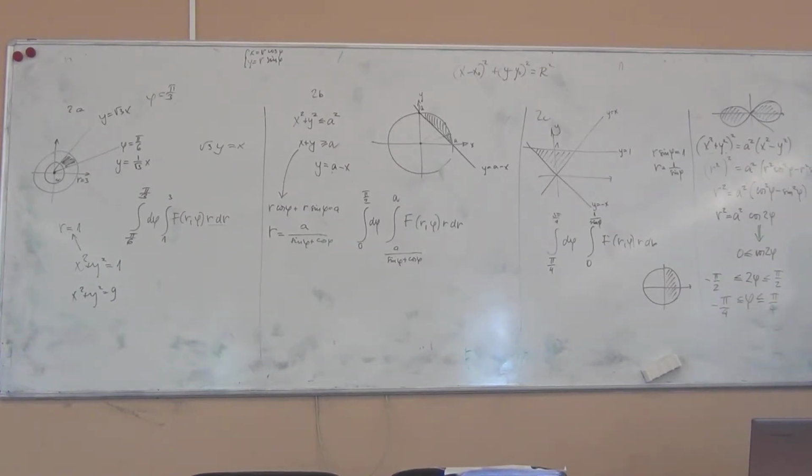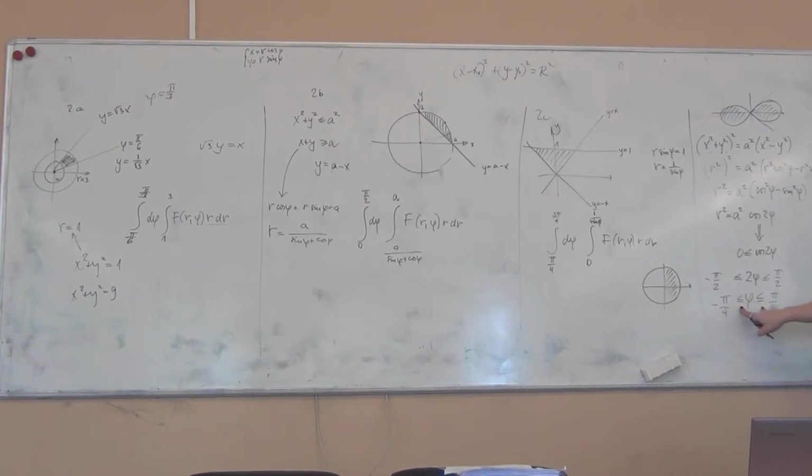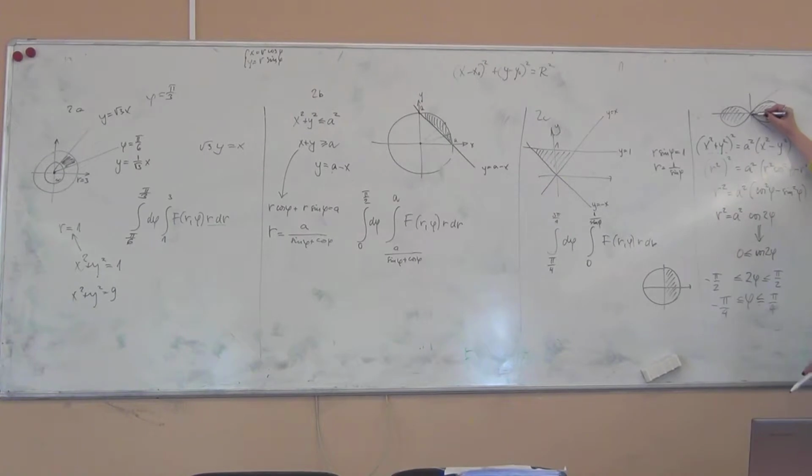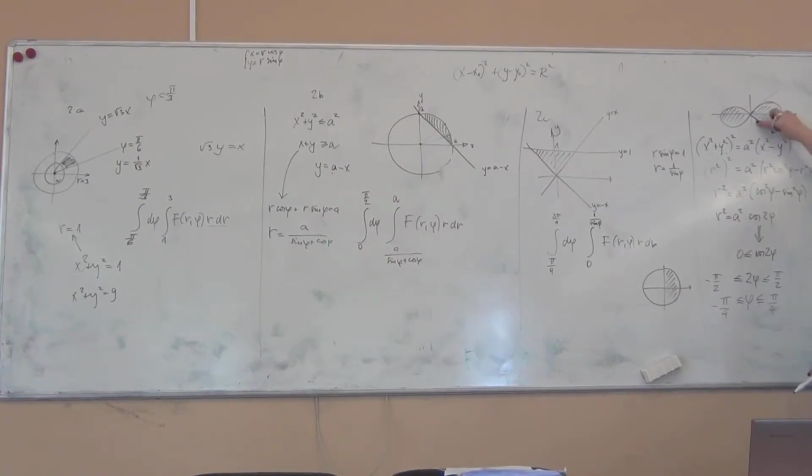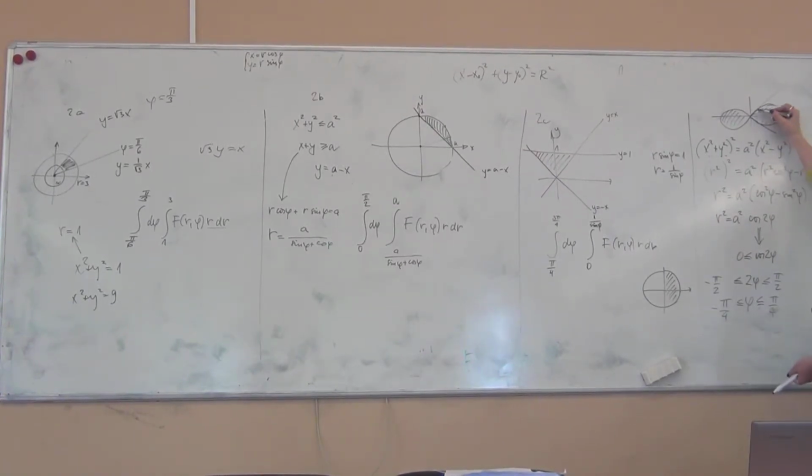Now we see the angles. This function makes sense only if phi is between minus 45 degrees and plus 45 degrees, for any positive constant a, so pi over 4, minus pi over 4.